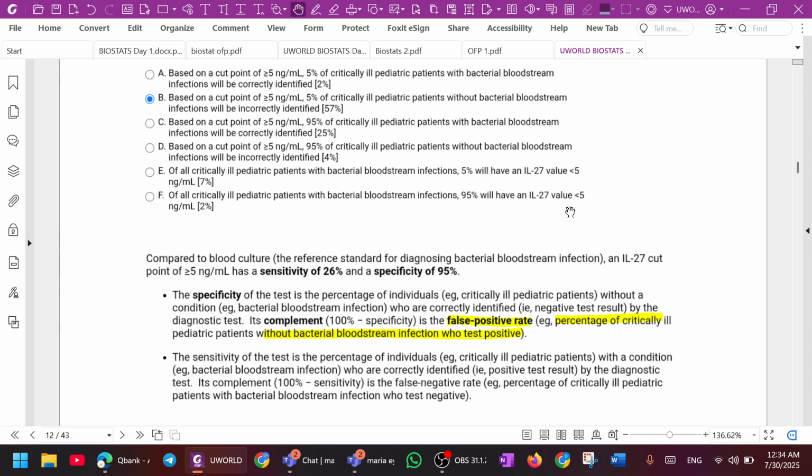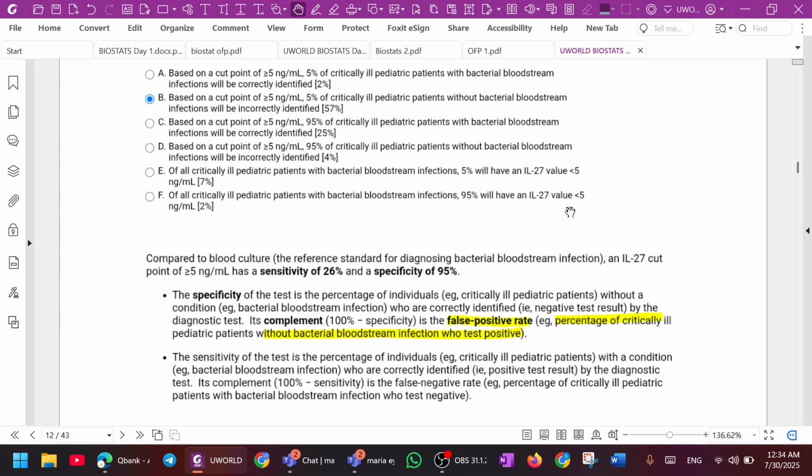Incorrectly identified, false negative. Okay, false negative, perfect. So they're telling you false negative will be 95%. But we just calculated that false negative was 74%. So you know that this is not right.